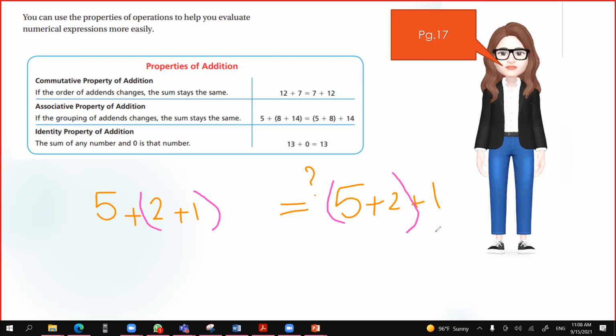Let's see now. First of all, you have to add 2 plus 1. 2 plus 1 is 3. When you add it to 5, what will you get? 8.